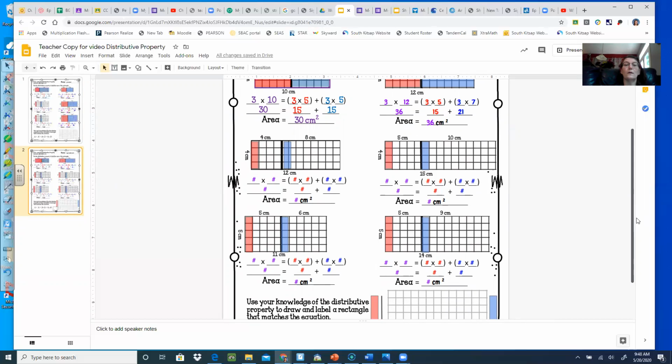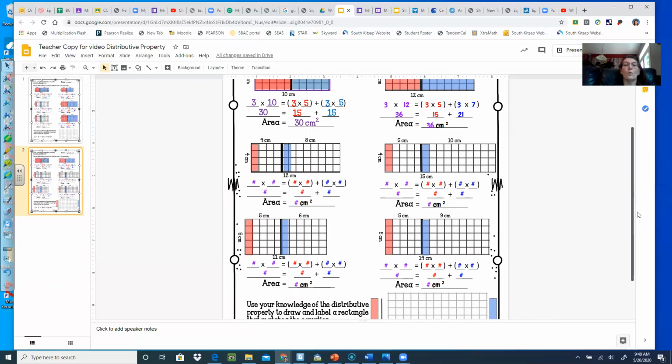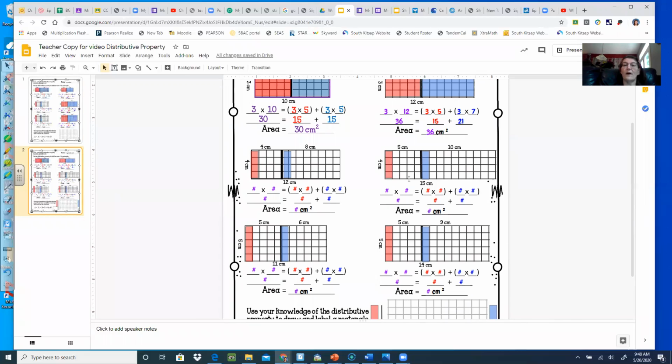Oh, I think I'll do this 4 one because counting by 5s is easier. Okay, so my first dimensions are the 4 by 12. So I'm going to put that in the purple spot. 4 rows of 12.